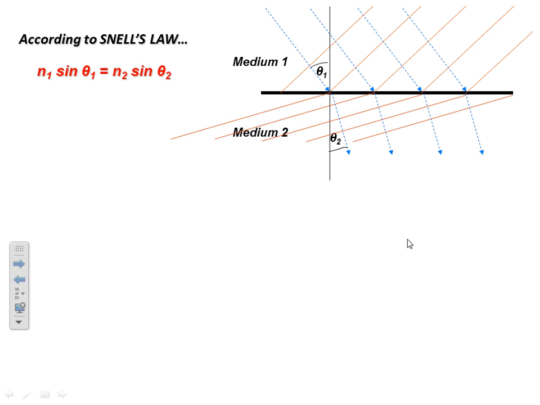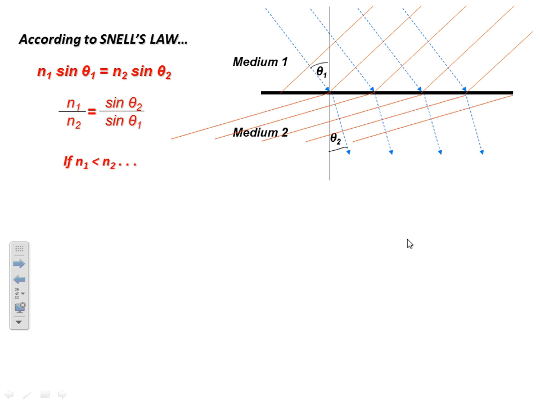So here's a diagram like we saw. Now we're going to come up with a great mnemonic device for how Snell's law works. So there's Snell's law: n1 sine theta 1 equals n2 sine theta 2. Now, if we just do some algebra and rearrange, we get that. There are two cases.